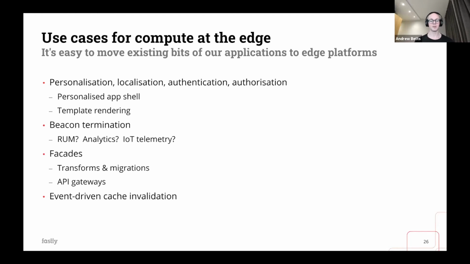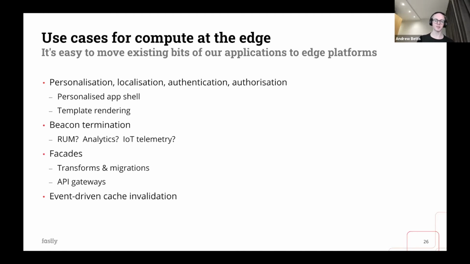All of that telemetry needs to be collected, filtered, most of it thrown away, and then the intelligence that is needed from that data can be extracted and then aggregated more centrally. But a more pedestrian example might be monitoring the performance of your website, or just beaconing user timing metrics or something like that. Facades are another really good indication that you can move logic to the edge.